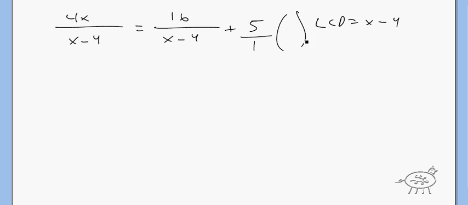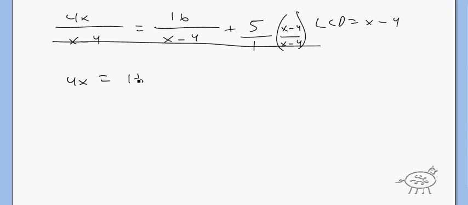So I just need to multiply this one by x minus 4 over x minus 4. All right. And I multiply that out, or I cross off the bottom now, and I get 4x is equal to 16 plus 5 parentheses x minus 4. So 4x equals 16 plus 5x minus 20.